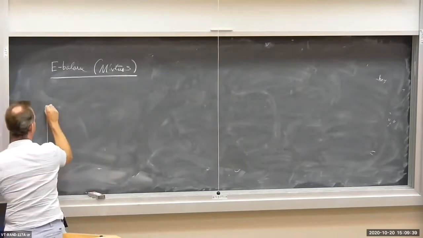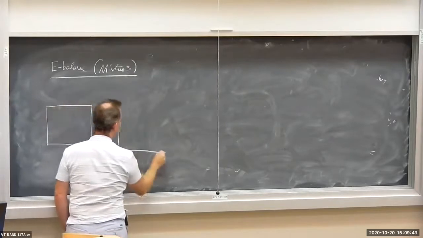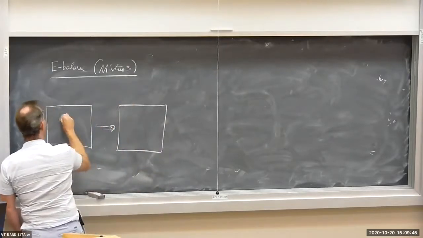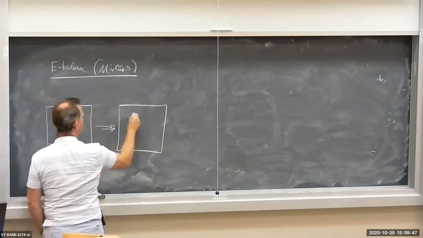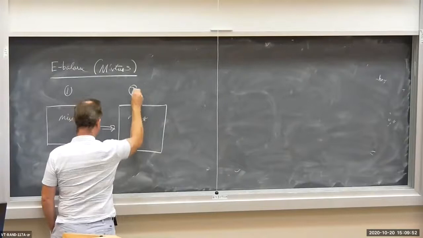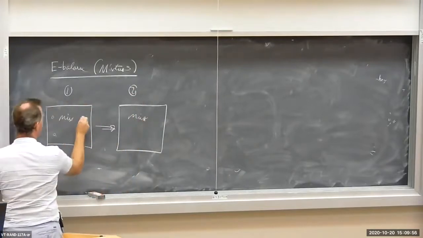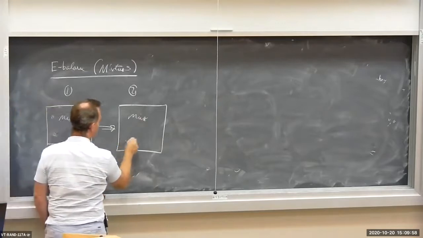So we have our closed system mixture that undergoes some process. So this is some mixture. So go from state 1 to state 2. So there's a bunch of stuff in here. It's undergoing some kind of process.